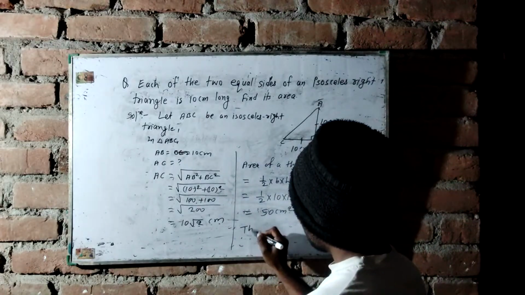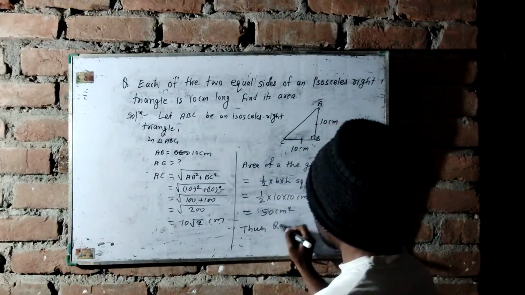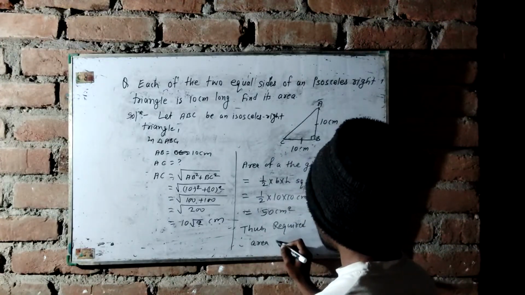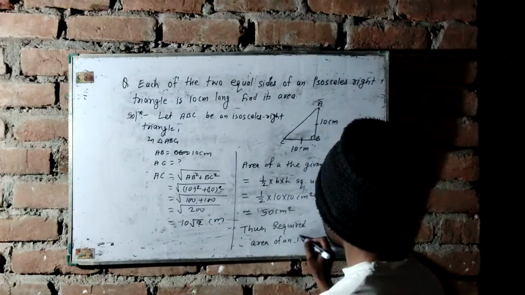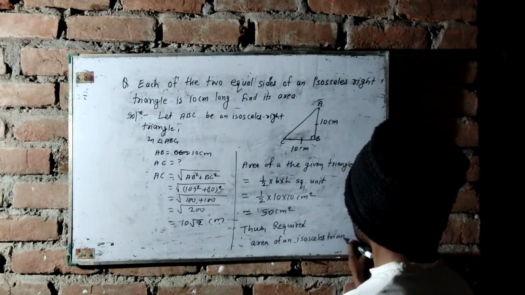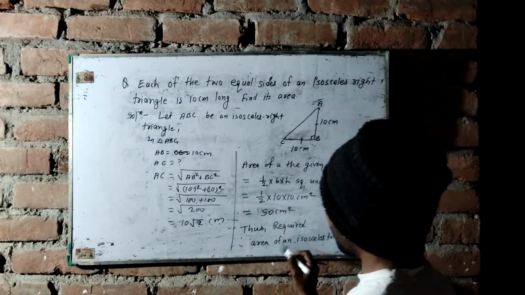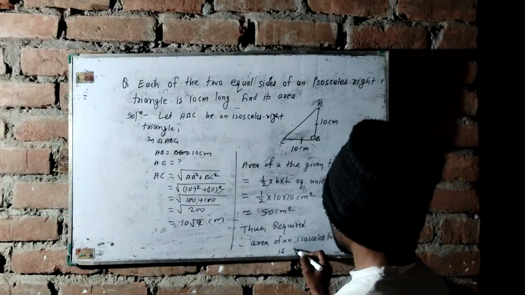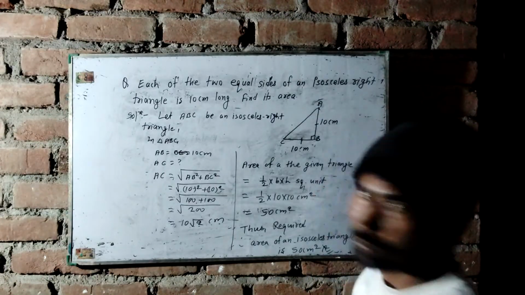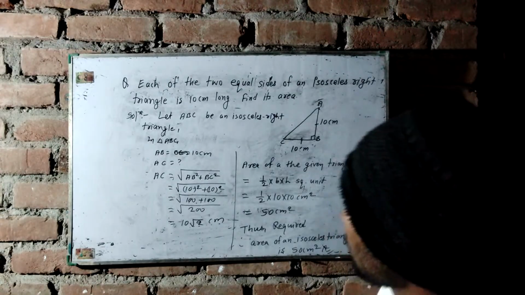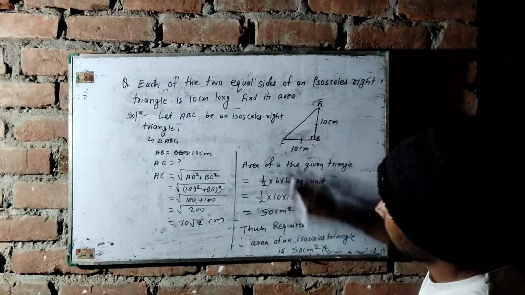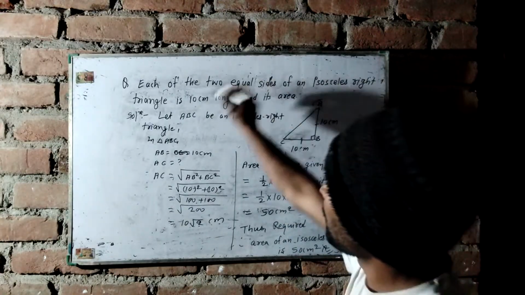Therefore the required area of an isosceles triangle will be 50 centimeter square. Am I right? This is only for understanding. So you can consider this for right answer of these problems.